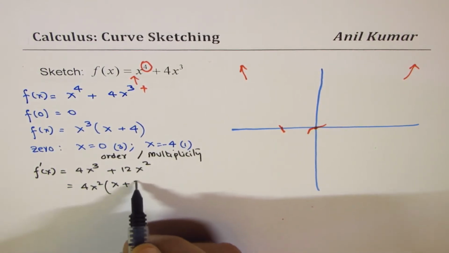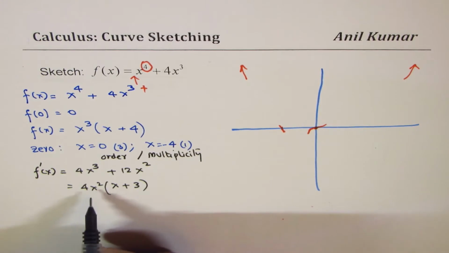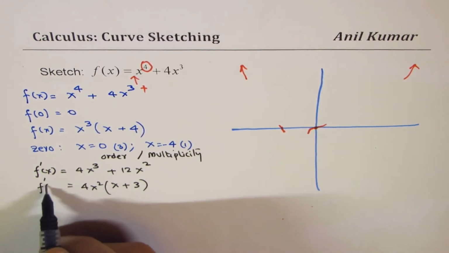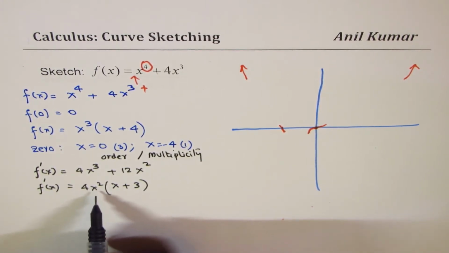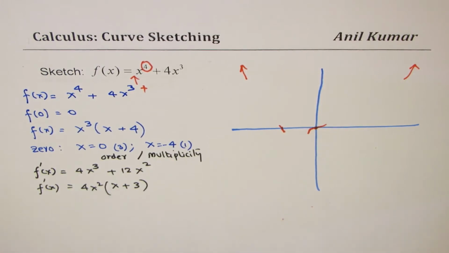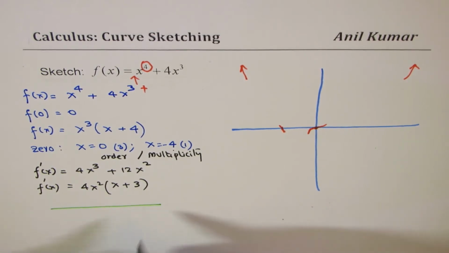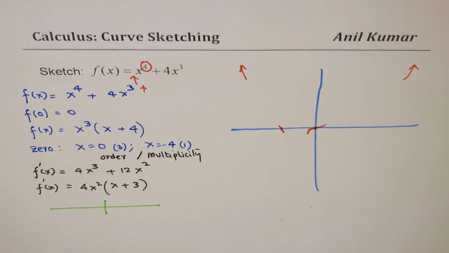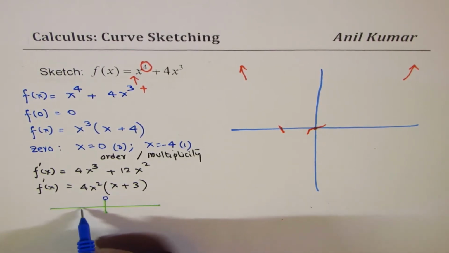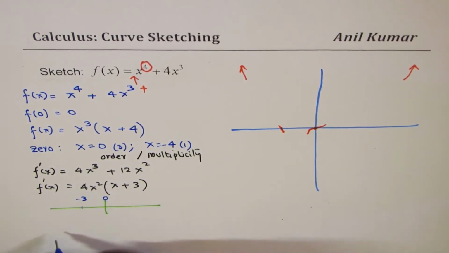We get x plus 3. So for the derivative we get 2 zeros, which are at 0 and minus 3. So let's analyze these zeros.